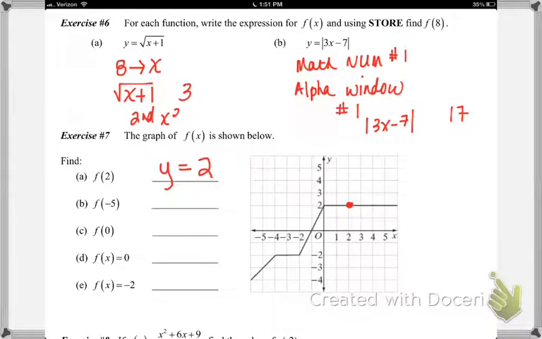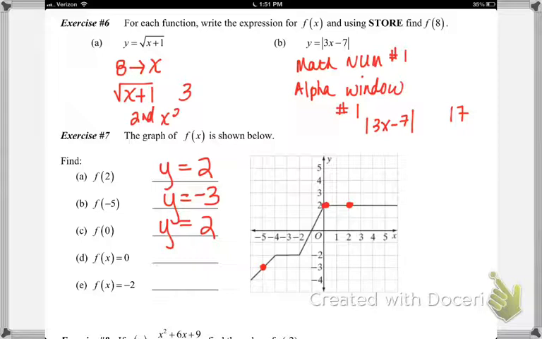When x is equal to negative 5, our y value is negative 3. I'm outside, so I apologize for the background noise. F of 0, when x is equal to 0, y is equal to 2.